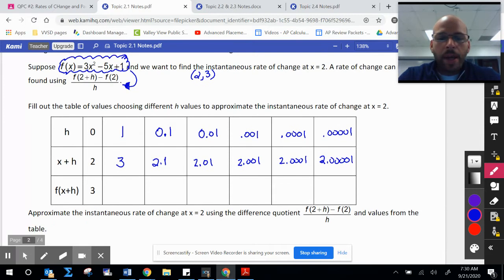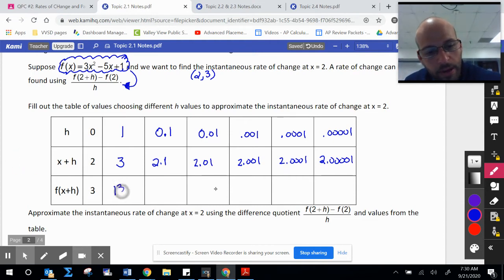Okay, and I'm going to use my calculator to find the outputs at those points. So in my y equals menu, I'm going to put 3x squared minus 5x plus 1, okay? And I'm going to change my table to the ask feature so I can just type these in. So at 3, I'm at 13. At 2.1, I'm at 3.73. So you can already see a big difference here. At 2.01, I'm at 3.0703.